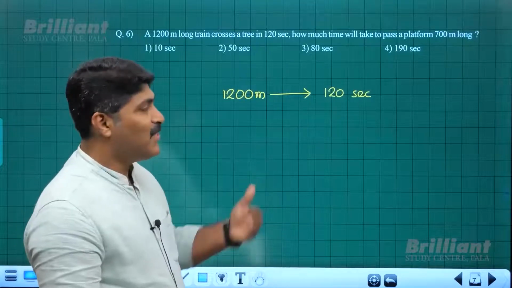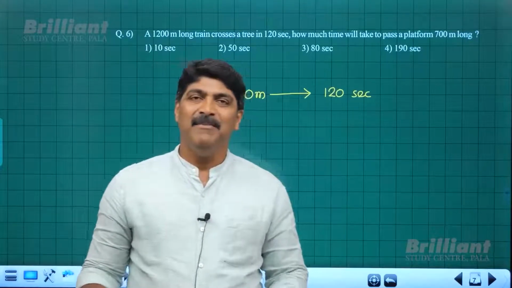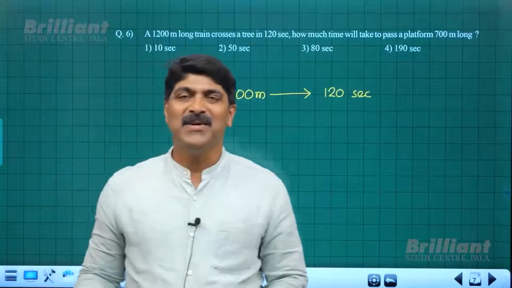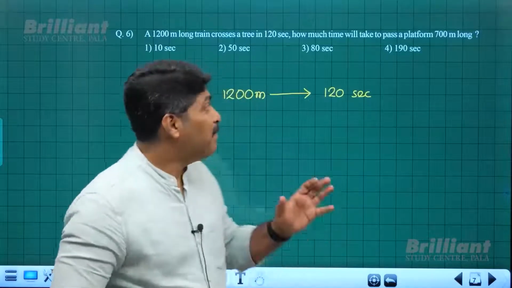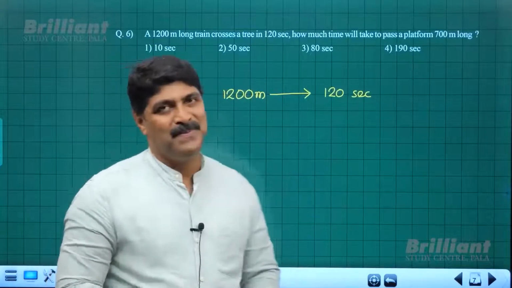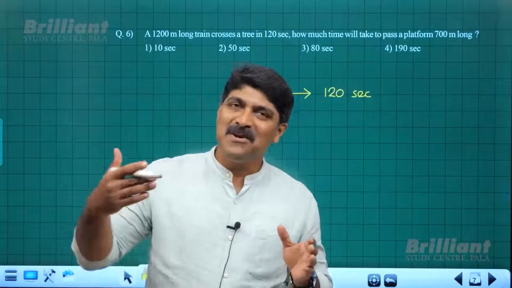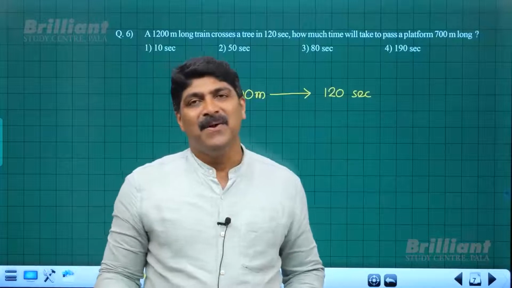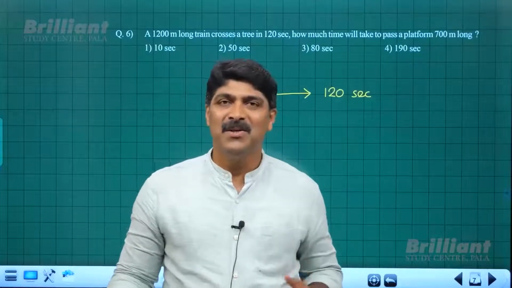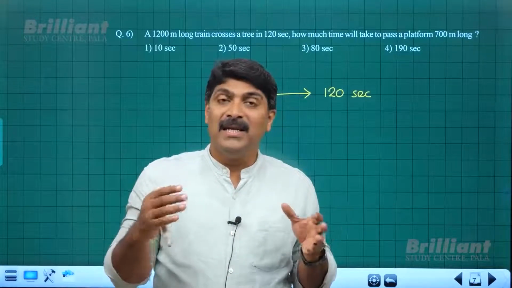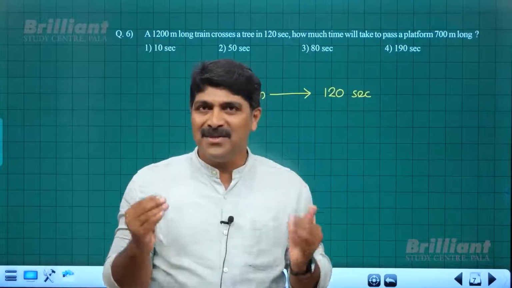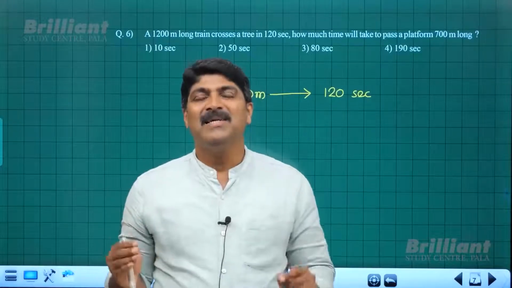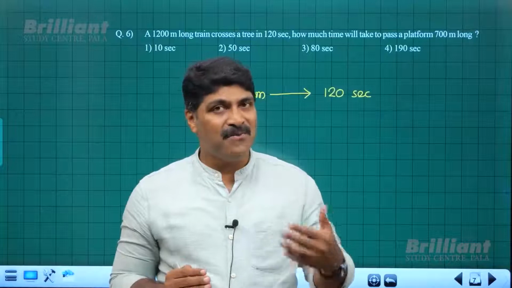Consider the second situation. This time, the same train is crossing a 700-meter long platform. When a train is crossing a platform or a bridge, what is the distance it covers? That is equal to the length of the train plus the length of the bridge or platform.